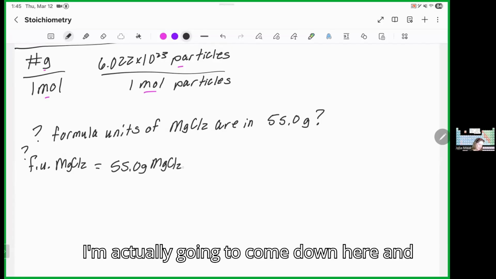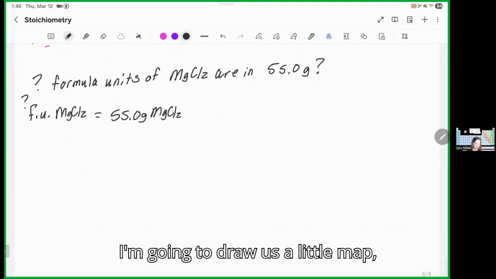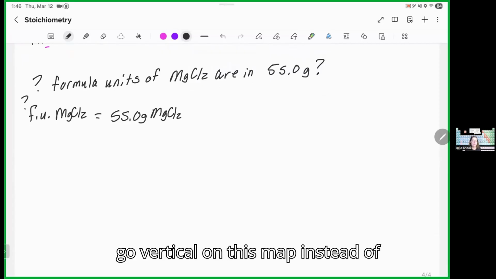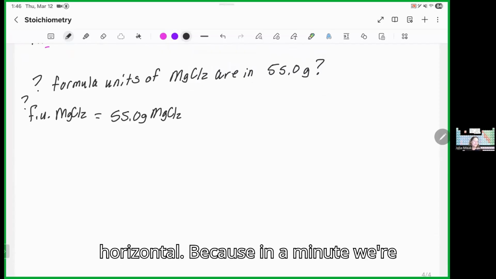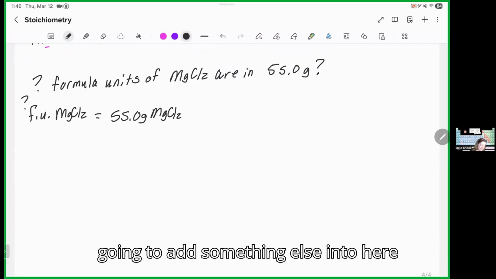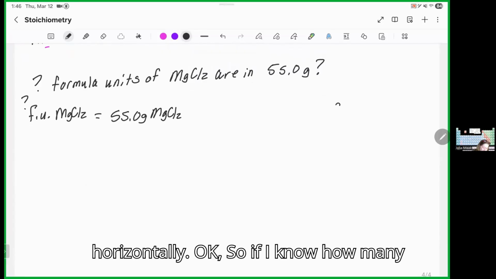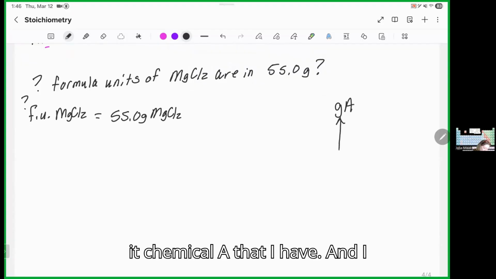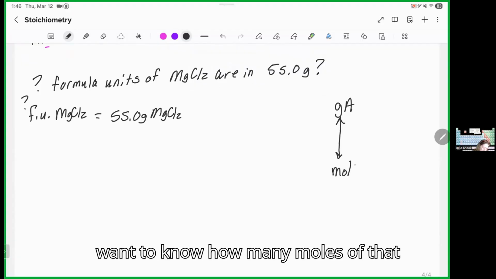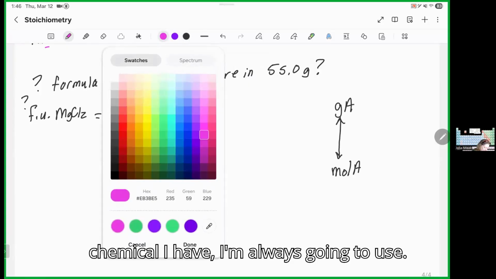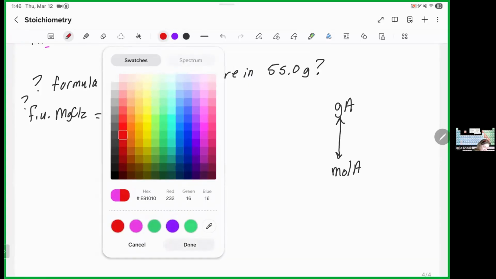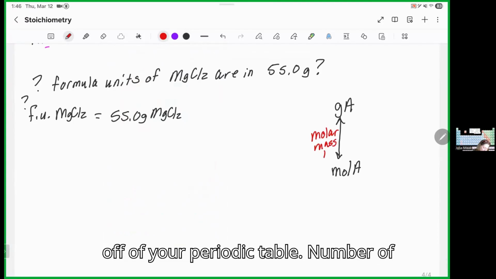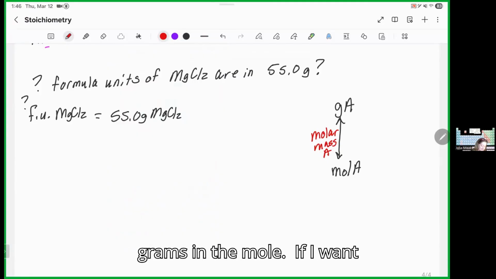chloride. So I'm actually going to come down here and draw us a little map. There's a reason that I'm going to go vertical on this map instead of horizontal, because in a minute we're going to add something else in here horizontally. If I know how many grams of some chemical, I'll call it chemical A, that I have, and I want to know how many moles of that chemical I have, I'm always going to use the molar mass of that chemical, off of your periodic table, number of grams in a mole.